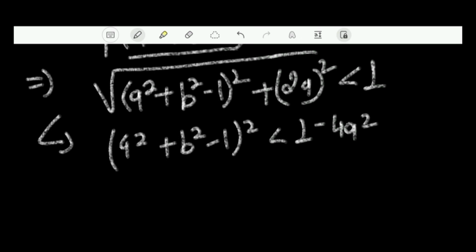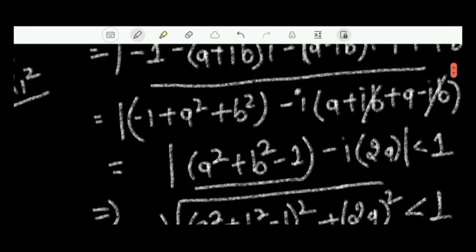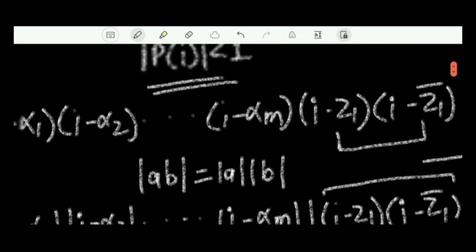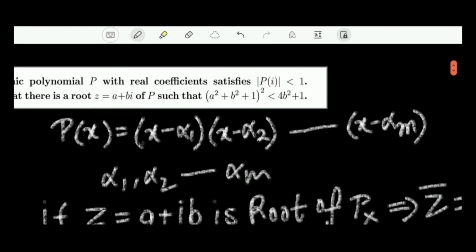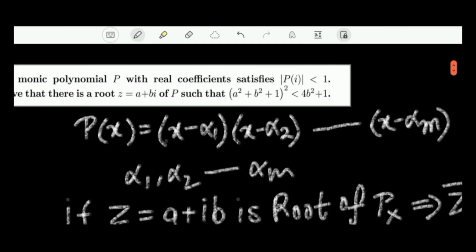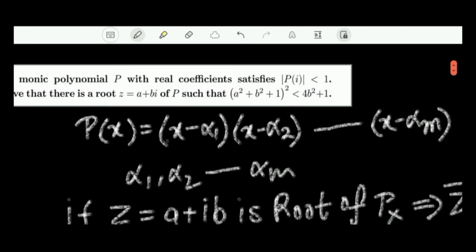But if you look back to the statement that you have to prove, here is the inequality where on the right side 4b square plus 1 is a term.